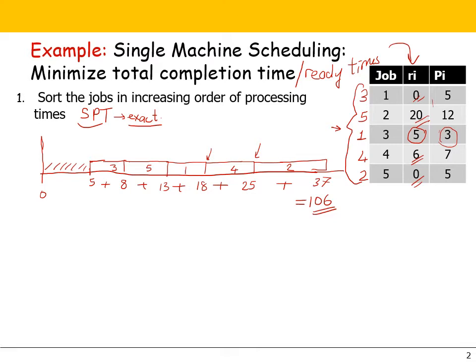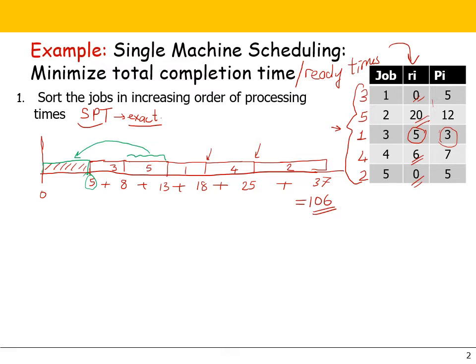How? So this job 5 has a processing time of 5 time units and its ready time is 0. It means that if I move this job 5 to the first position in the sequence, it can start at time 0 and finish at time 5, and none of the other jobs will be late if I do this, because job 3 will still start at time 5.